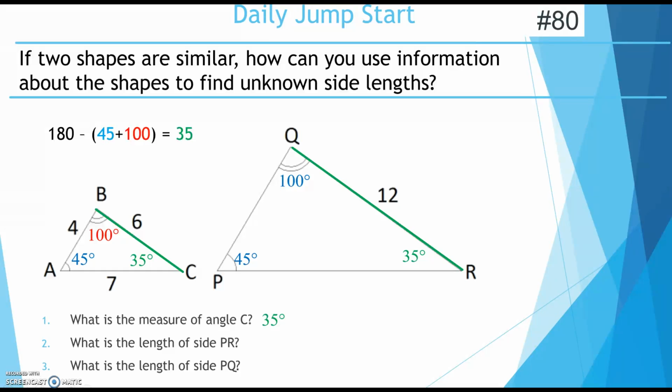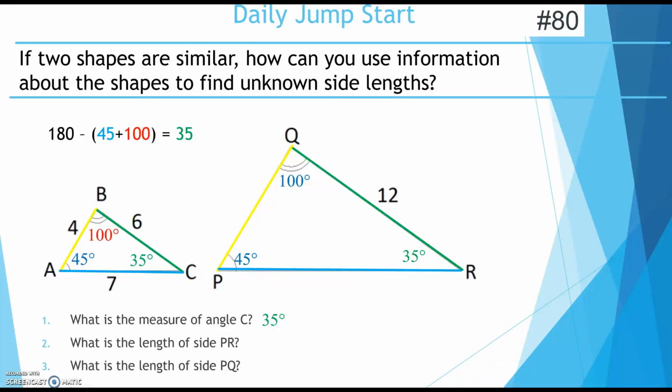They are corresponding. You will notice here that they don't have to be equal. They are corresponding side lengths. Next, I'm going to look at AC and PR. These are also corresponding side lengths. And finally, in yellow here, AB and PQ are corresponding side lengths.